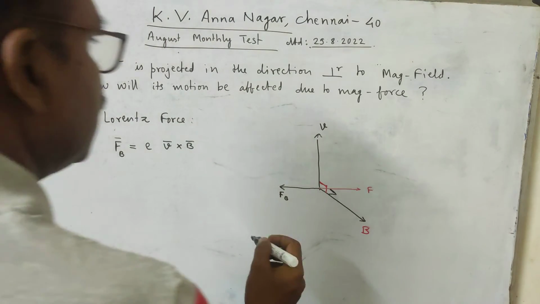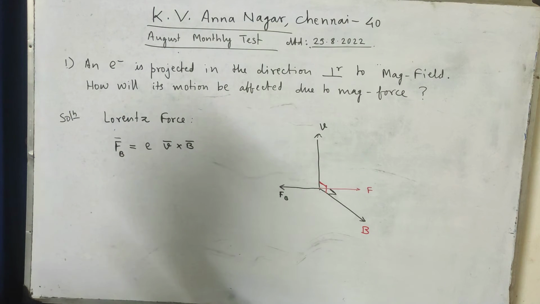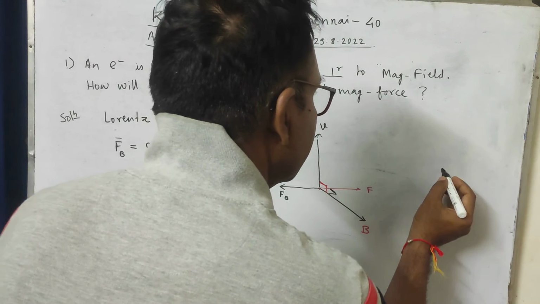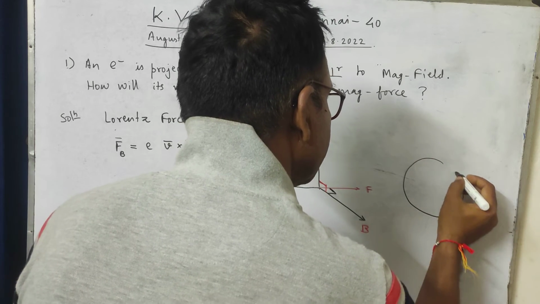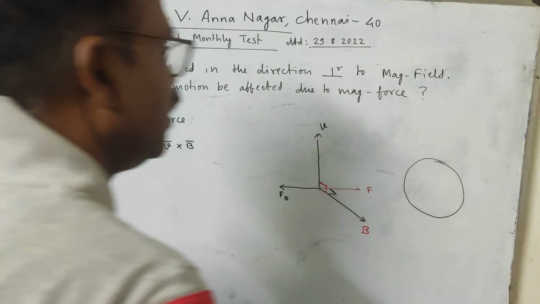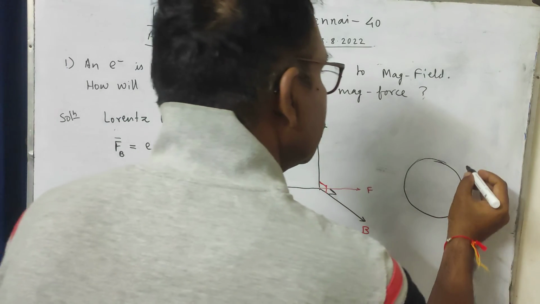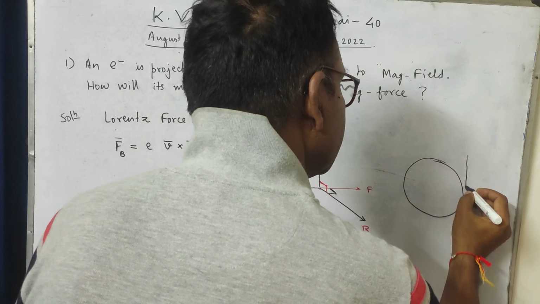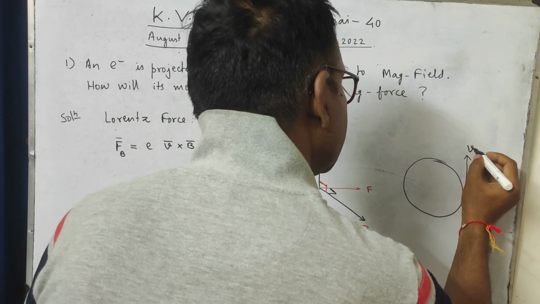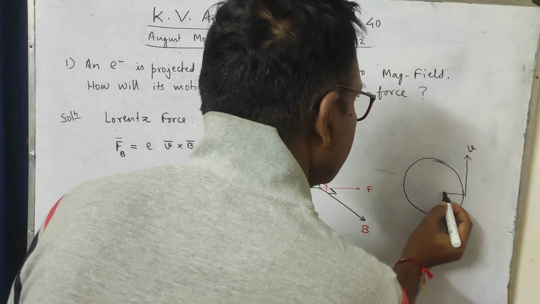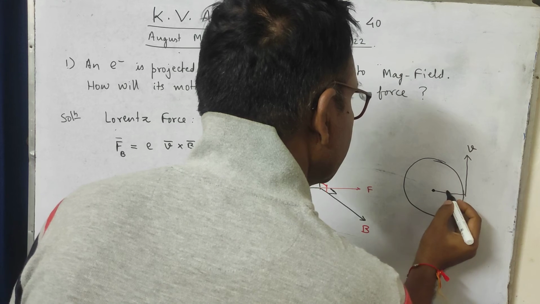Now in 11th standard, if you remember, you have done centripetal force, right? Whenever a circular motion is there, there is a centripetal force acting. Suppose this is your velocity, tangential, then the force will act towards the center.